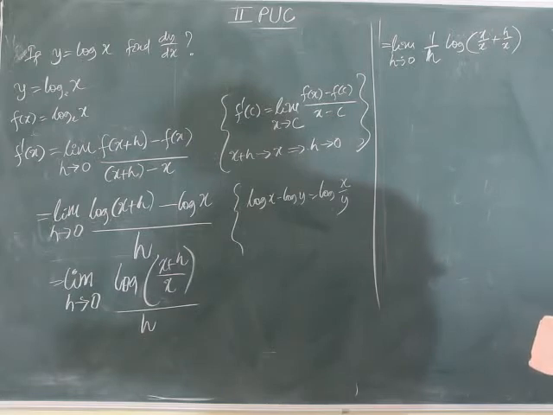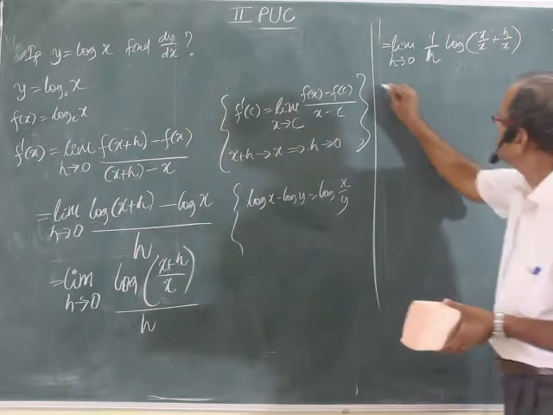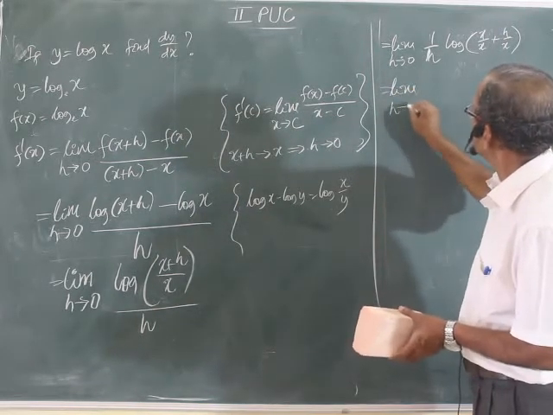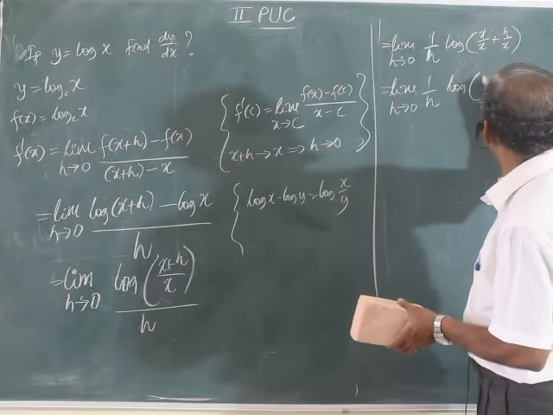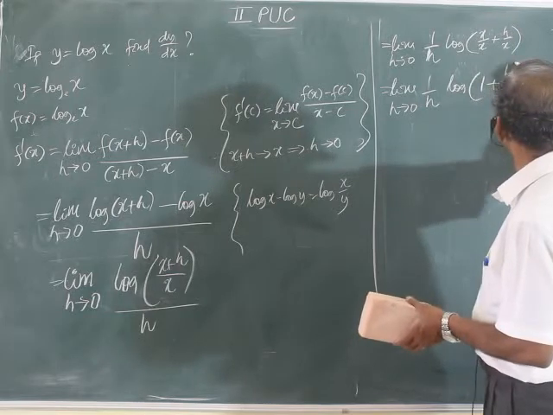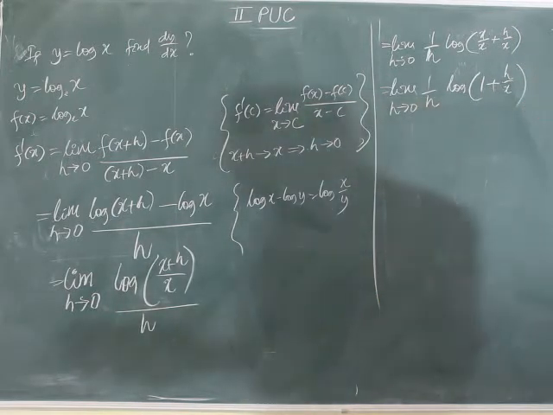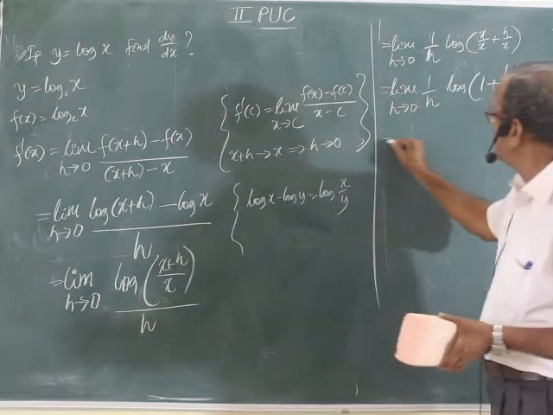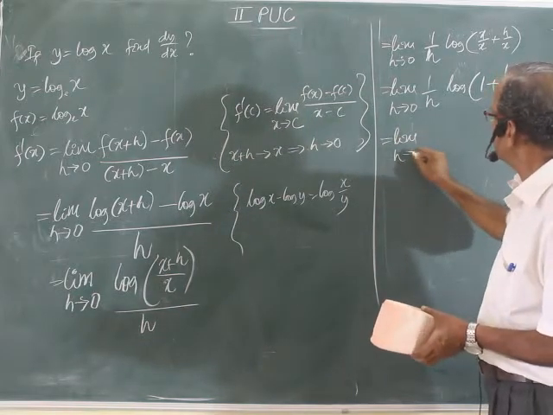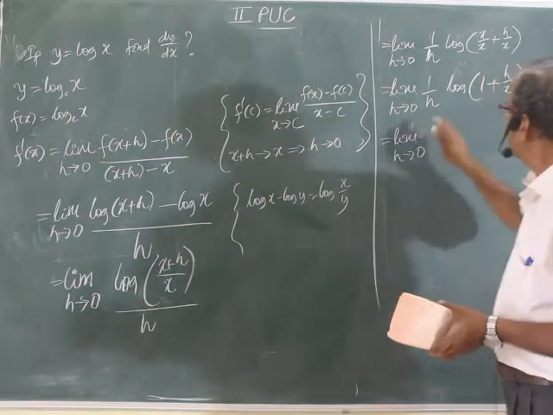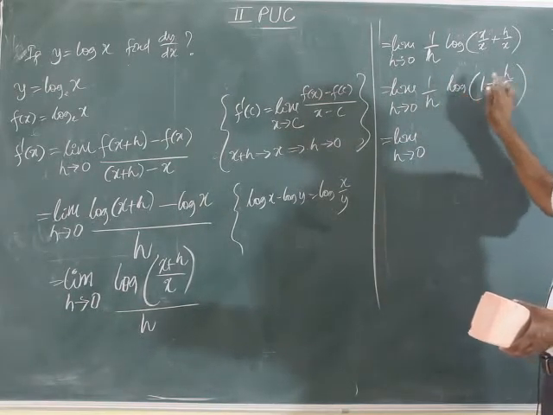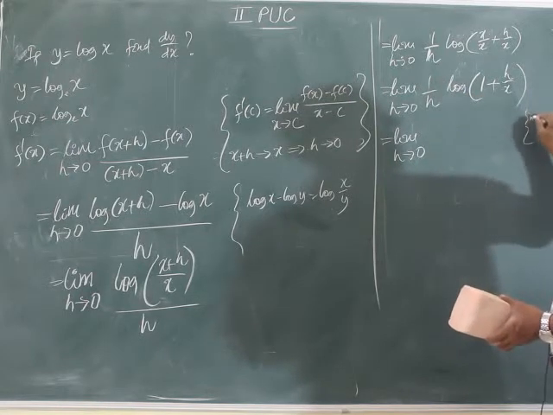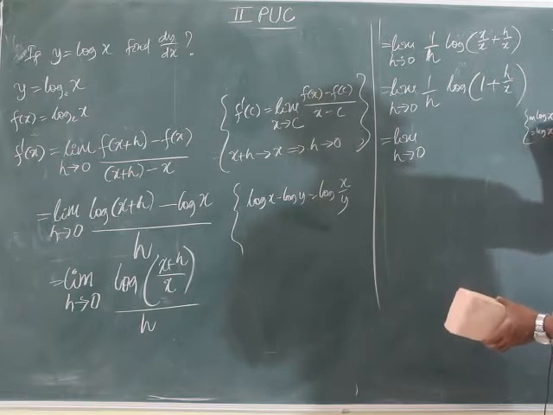x by x plus h by x, one and the same. Limit h tending to 0, 1 by h, log of 1 plus h by x, or limit h tending to 0, n into log x, m into log x equals log x to the power m.